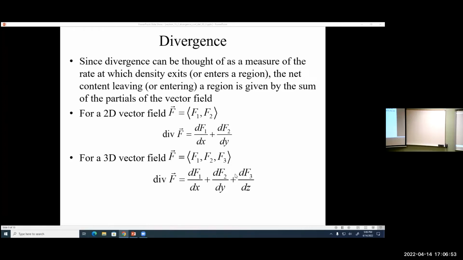All we're doing is summing up the partials of each component. Just remember that each component is lined up with your first component x, second component y, third component z. Now, obviously, you do not have to memorize this formula. You have the note card for the exams, or you can use a note card for working on the homework. We just need to know how to use it and have an idea of what it's telling us.